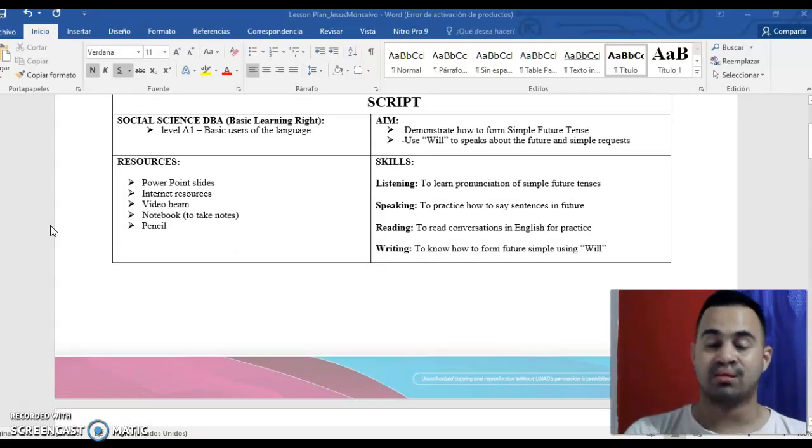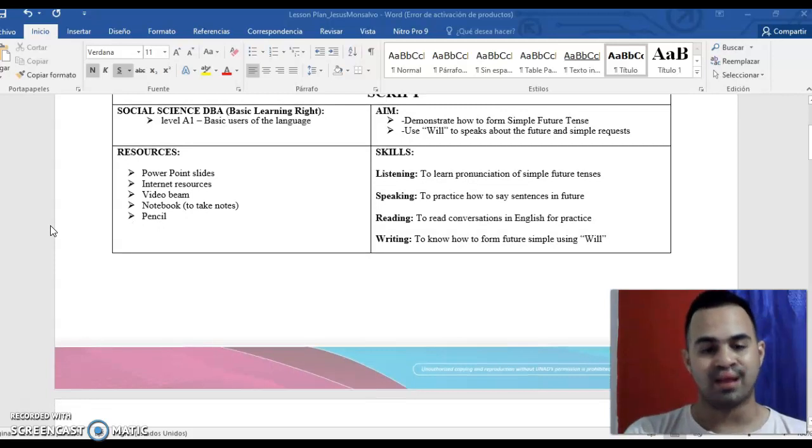The resources that we are going to use in the class are PowerPoint slides, internet resources, video beam, notebook to take notes, and pencil.